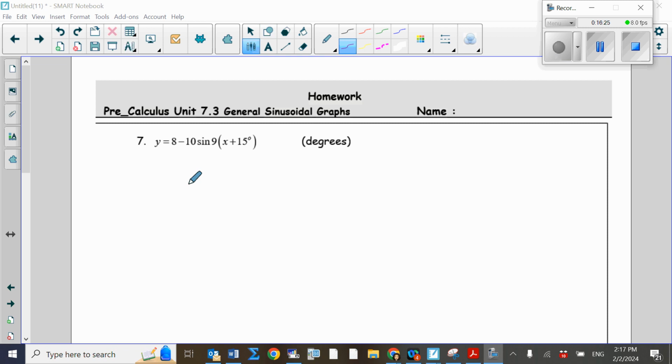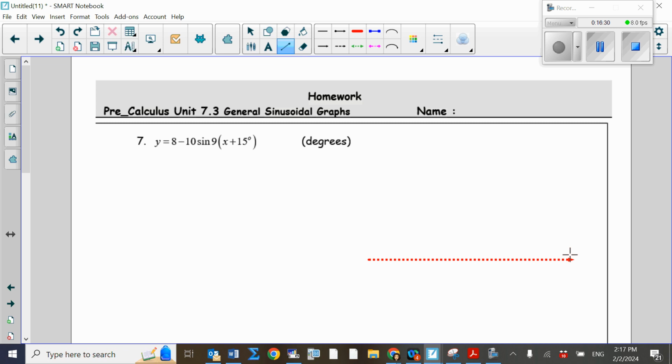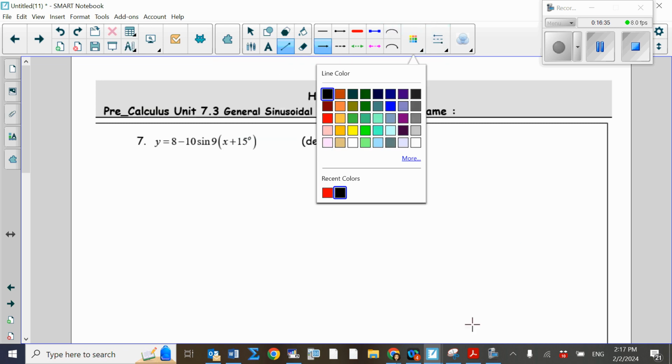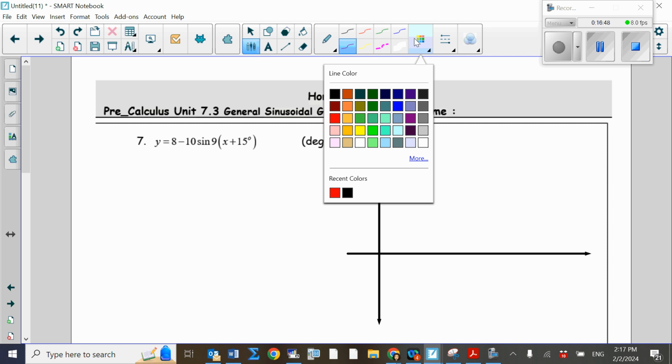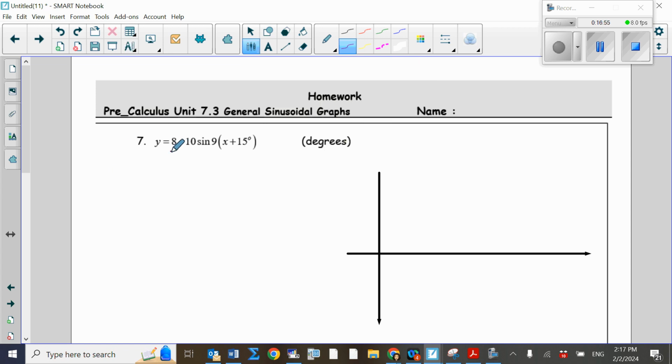Okay, now let's work on question number 7 together. Here, I'm going to start with graphing the coordinate plane. Then we're going to start with finding the horizontal midline or sinusoidal axis. That's coming from the 8 value that we see here. That means the function is moved up 8.